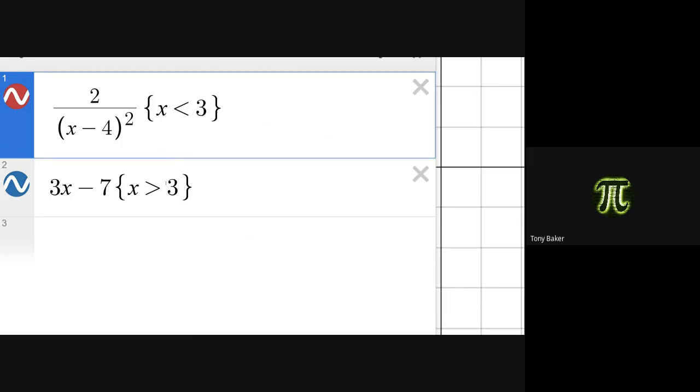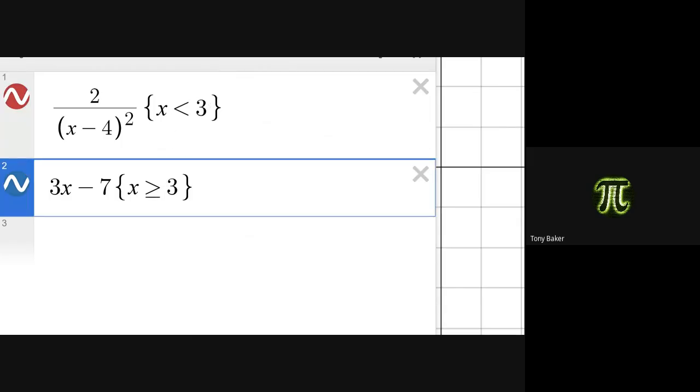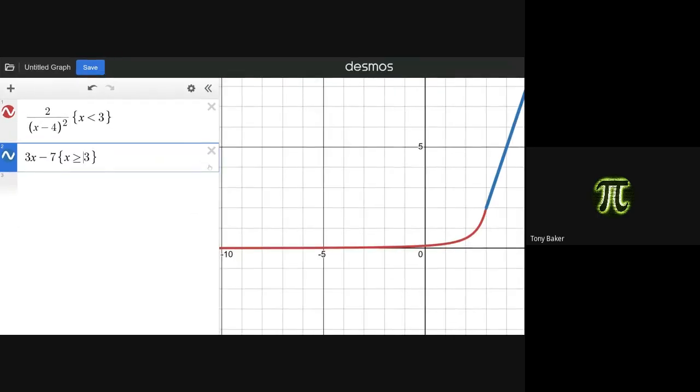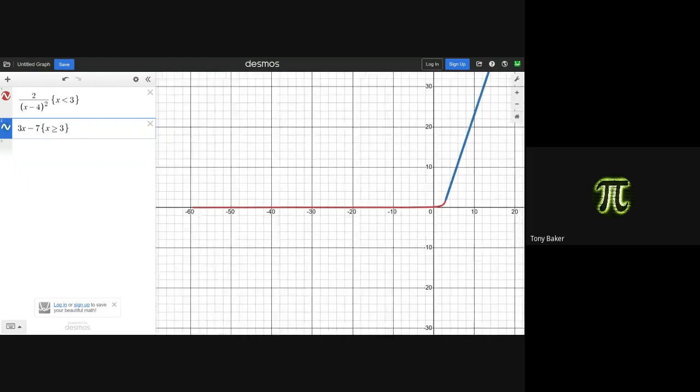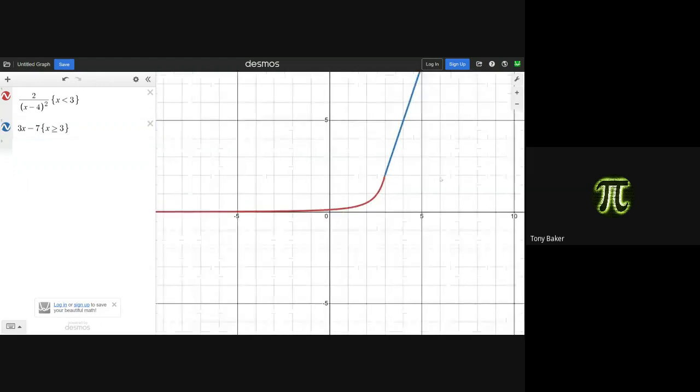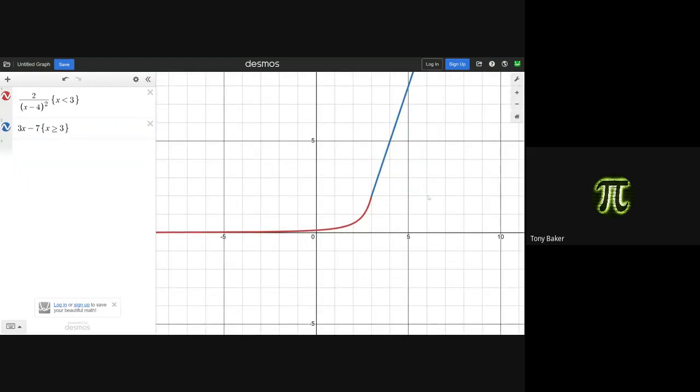Don't worry about the equals. The equals is not going to matter, but you can put the equals there if you want. It doesn't really make a difference. So x is less than 3, and x is greater than or equal to 3. And then when you look, I should have one continuous line. If I don't, then you might have messed up. So you can use Desmos to verify your answer before you put it into Alex to get it right.